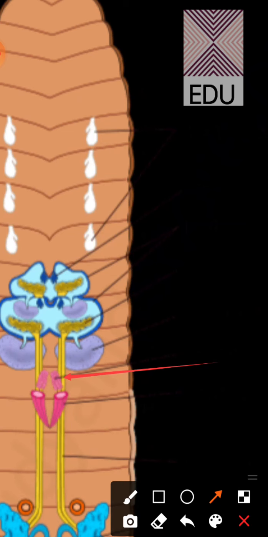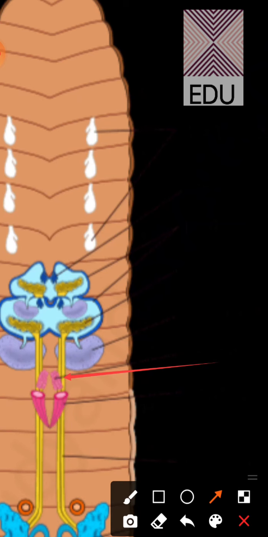They are present in the segment number 13. And here one thing to note is that they are attached to the septa of the 12th and the 13th segment. So they are hanging down into the 13th segment.